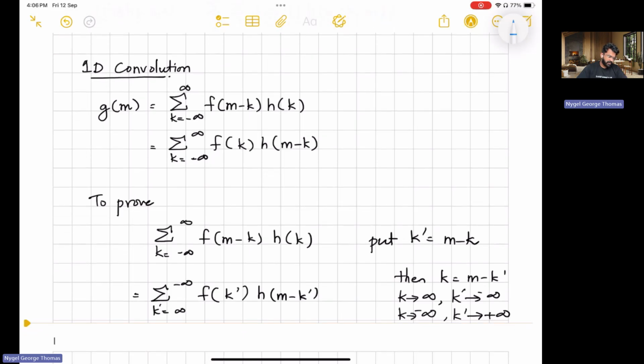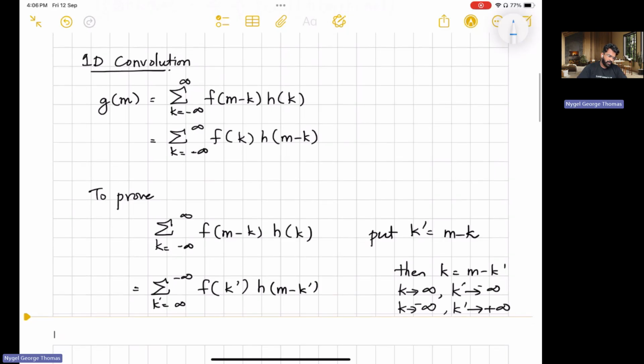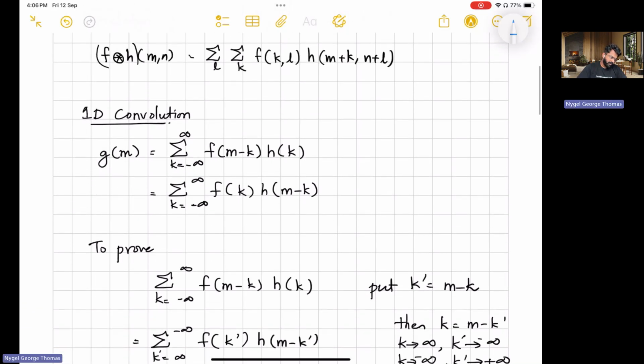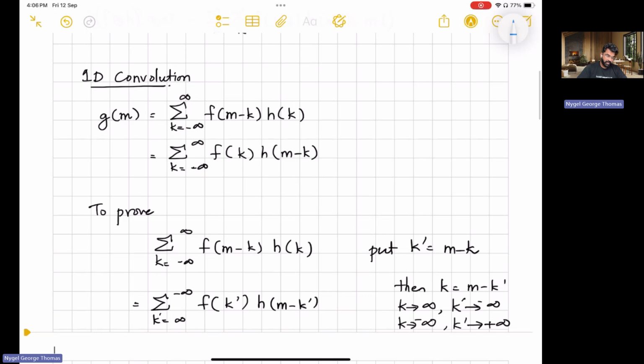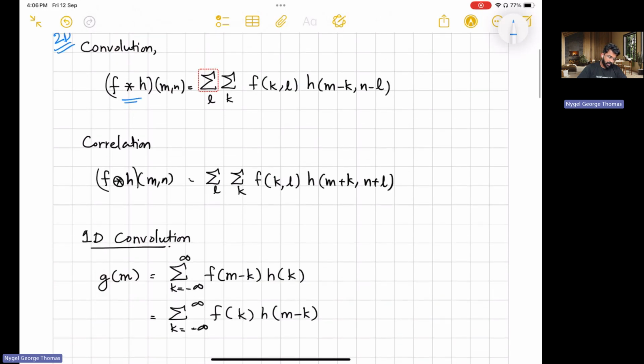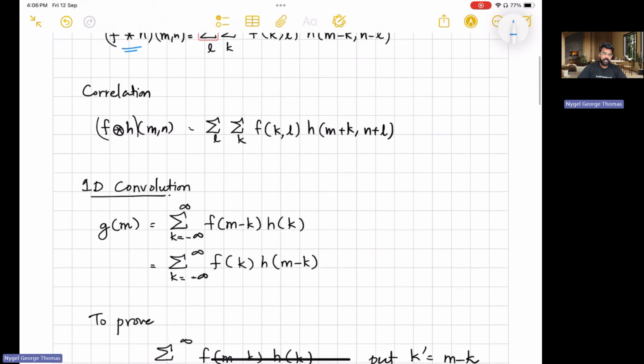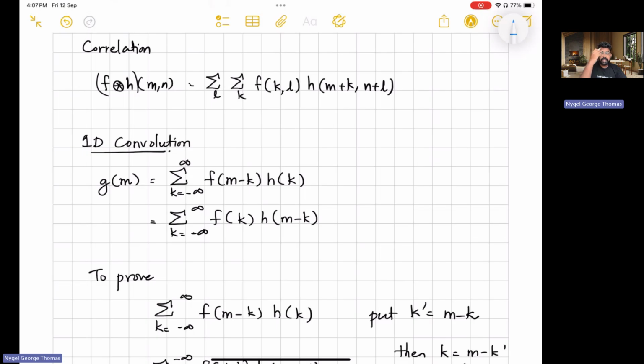In 1D convolution, g of m, the convolution of the functions f and h, is given by the sum over k from minus infinity to plus infinity. Here also, by all k and all l, we mean it can take all values from minus infinity to plus infinity.